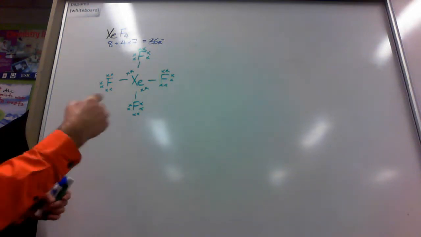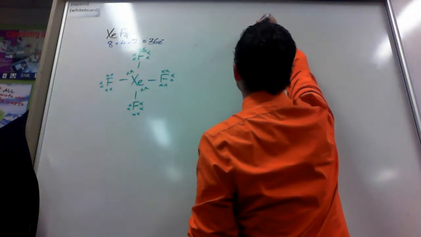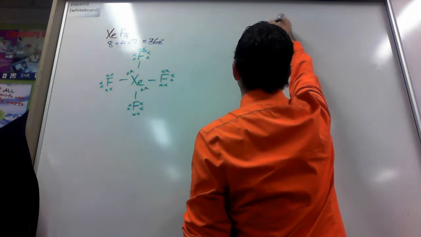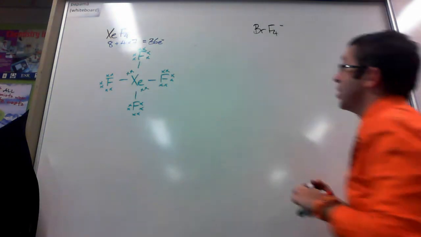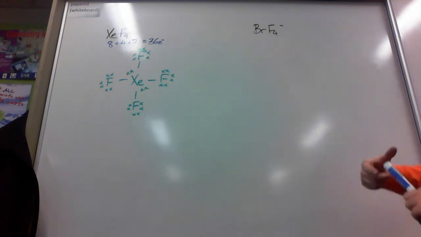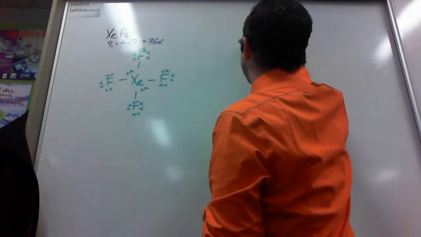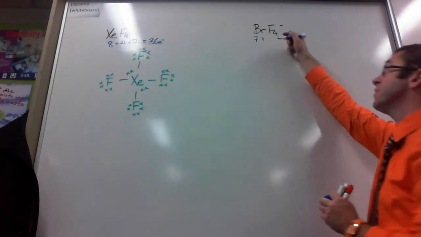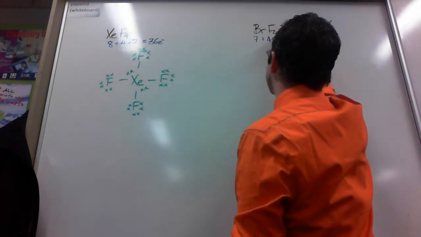Right, the next one that you identified was an ion, BrF4 negative. So again, we're going to follow that same rule with counting the number of electrons. Bromine is 7, being in group 17. Each fluorine is 7, being in group 17.